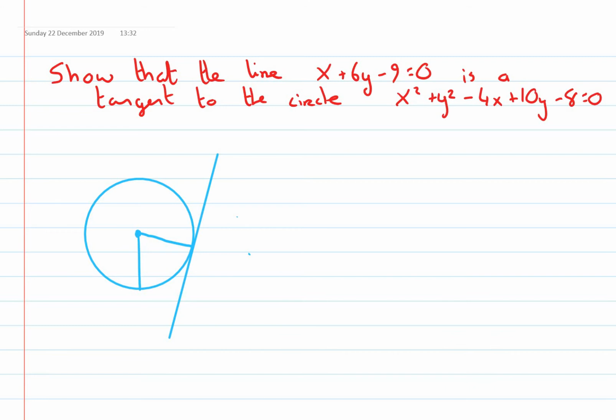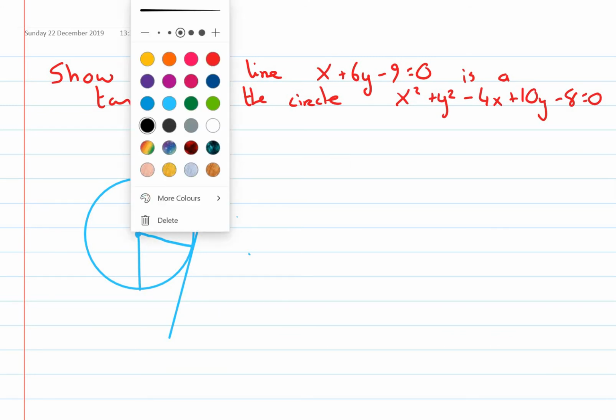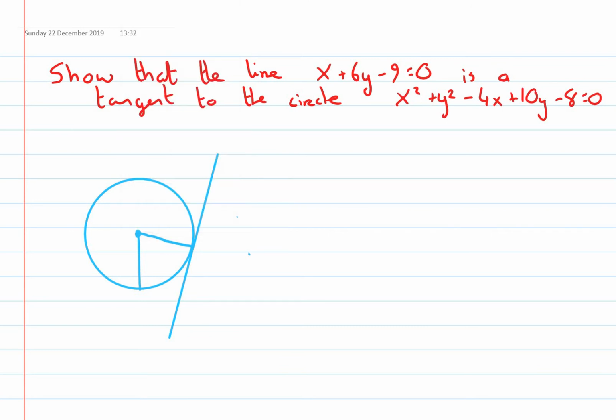Radius of the circle is the square root of g squared plus f squared minus c. And remember, this here is 2g and this here is 2f, and that's c.